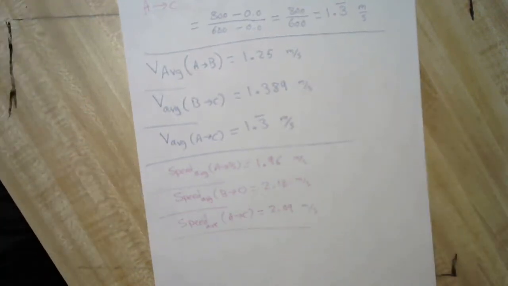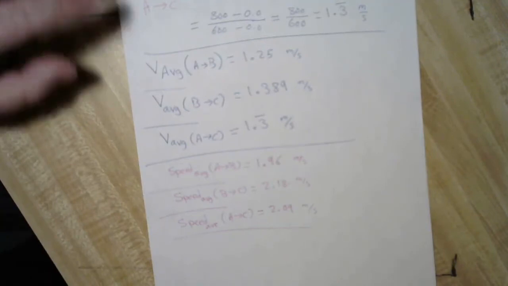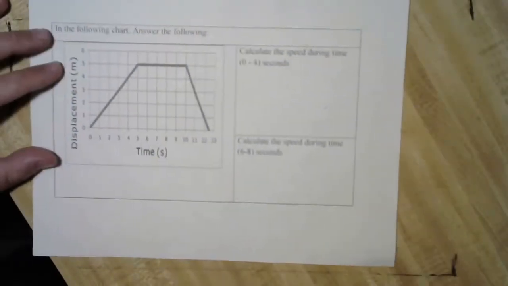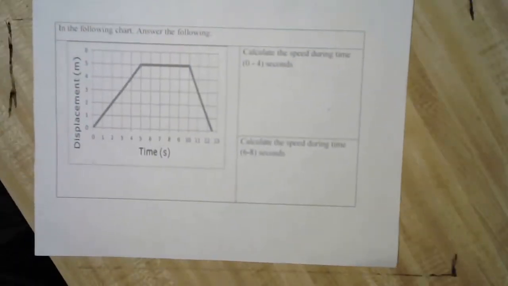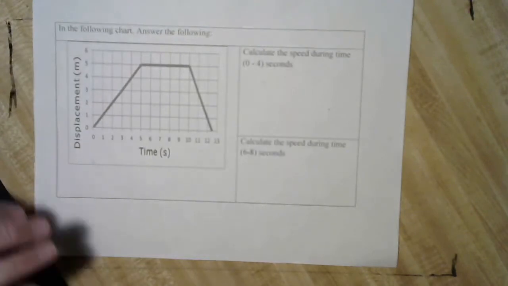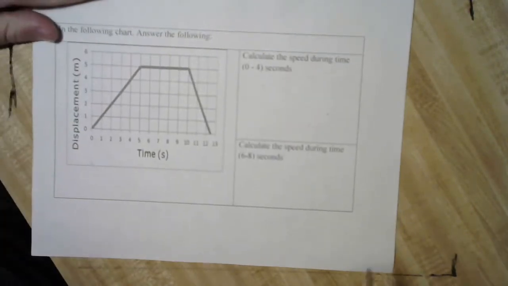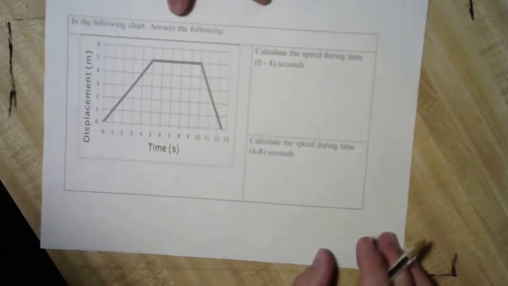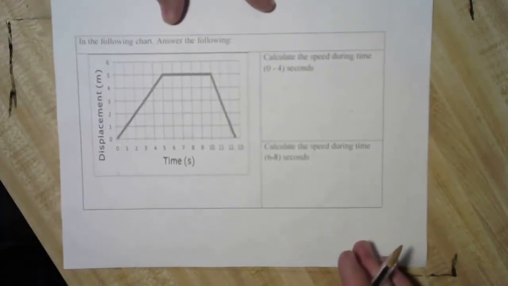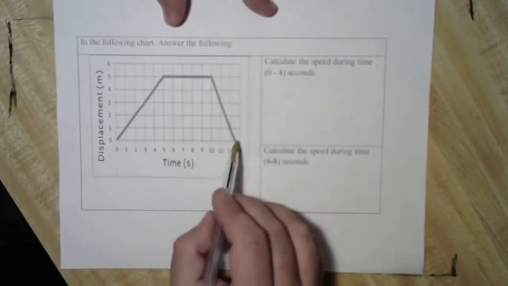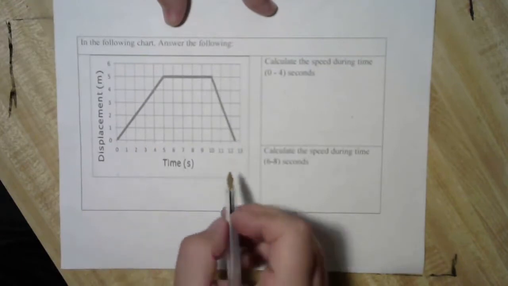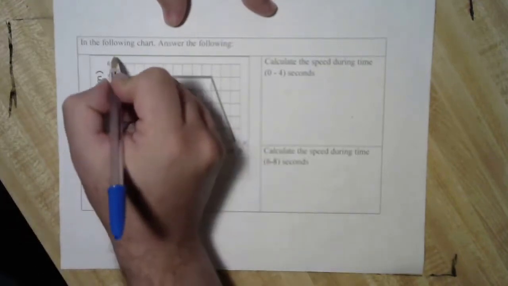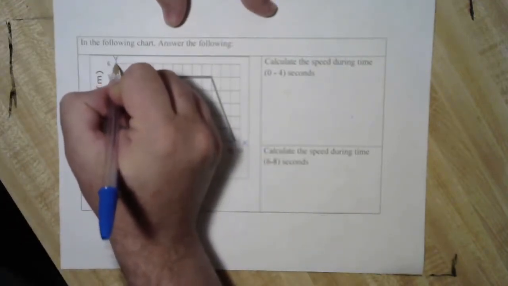Now, the last page in this sheet is this one. We need to use a graph. I will use this simple graph now, and I will use another one later in another sheet. Okay, we need to understand how to use the xy plane.